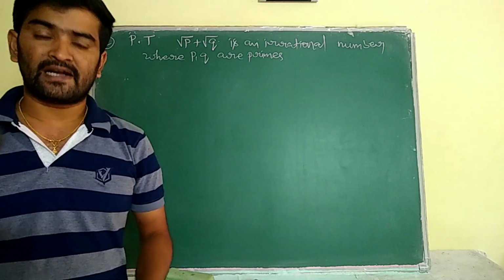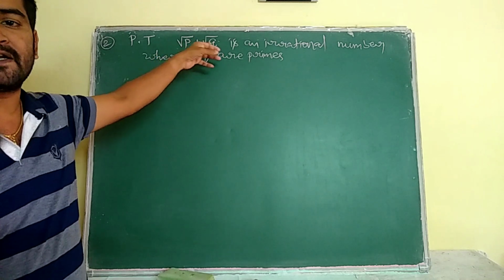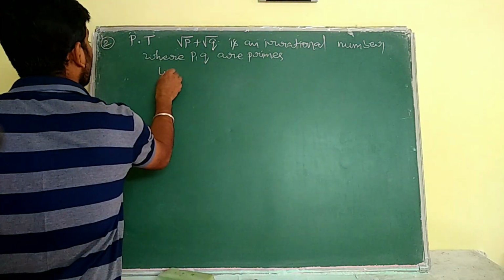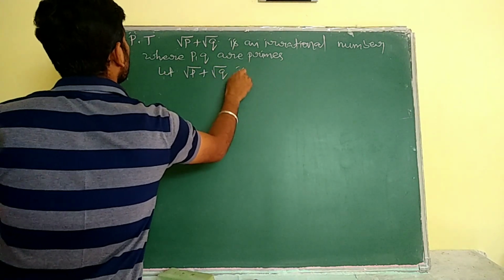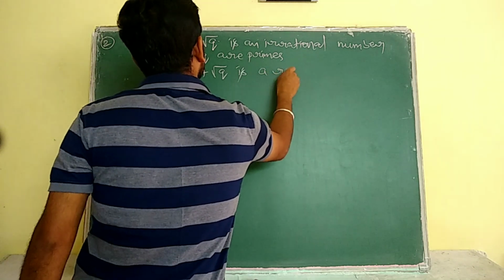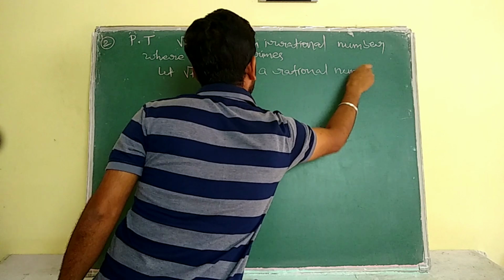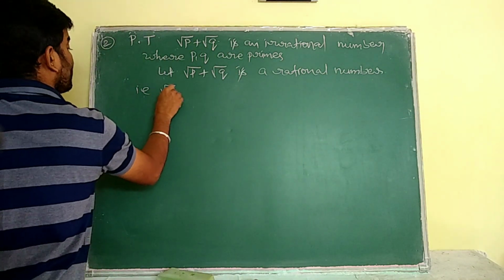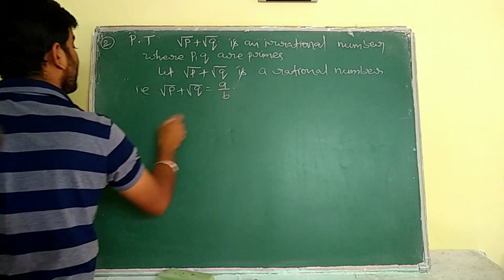Every time we are assuming that as some p by q, but as we are having the variables p and q here, we are going to assume that as some a by b. Let root p plus root q be a rational number, that is root p plus root q is equal to some a by b.